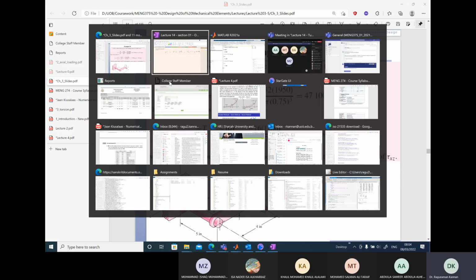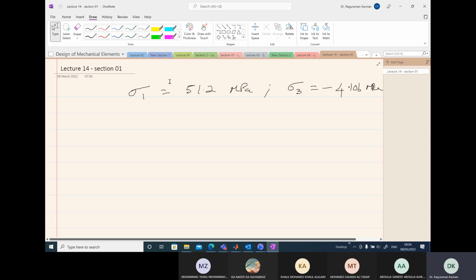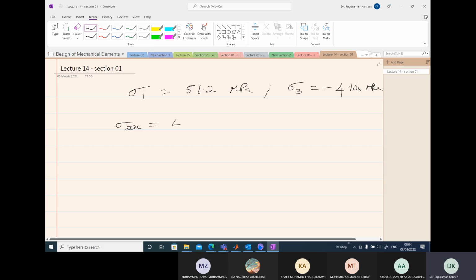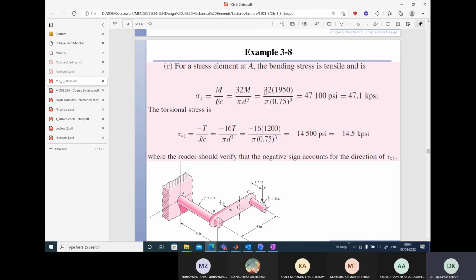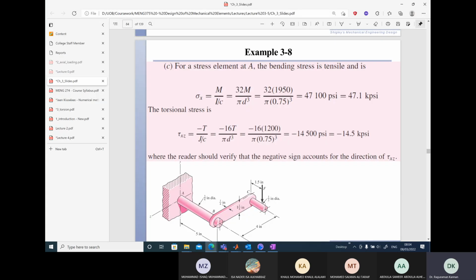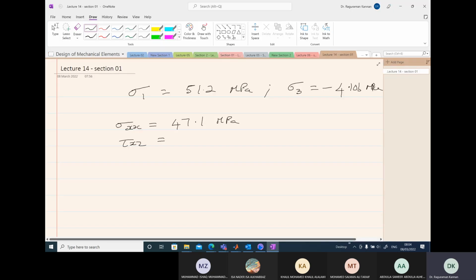The stress components are sigma xx is equal to 47.1. Let's assume it is in megapascals instead of kpsi. And then tau xz, you get minus 14.5 megapascals.